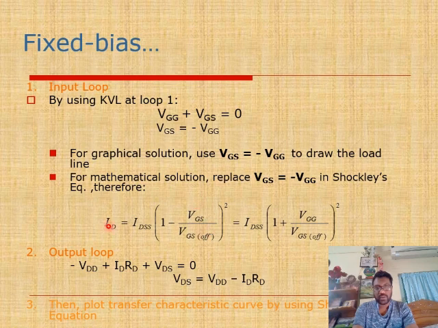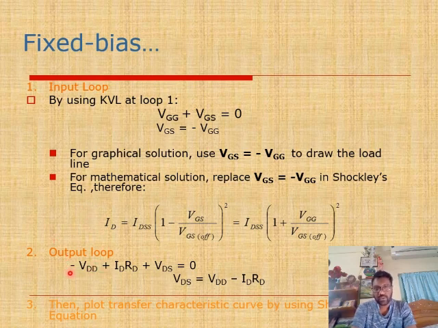And the equation that we have seen in last few classes, the drain current equation: ID is equal to IDSS into (1 minus VGS by VGS off, or VGS off is also called VP or V pinch off) whole square, equal to IDSS into (1 plus VGG by V pinch off or VGS off) whole square. So this is the voltage equation we can say, and this is the current equation of the fixed bias circuit.